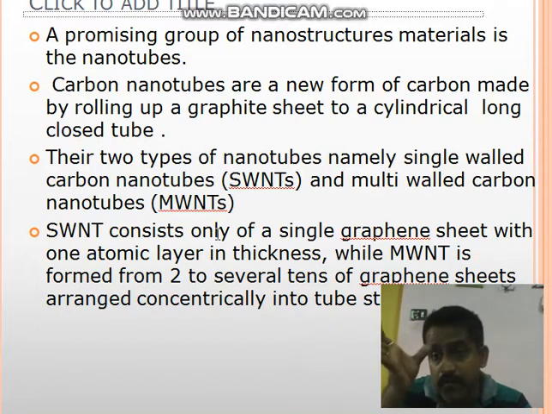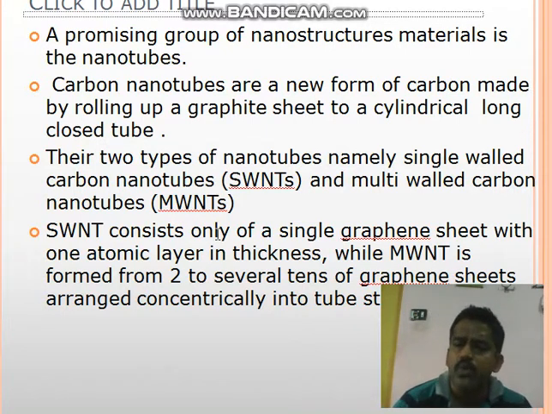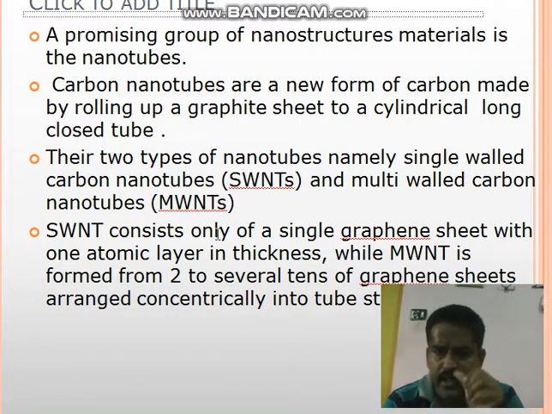Whereas a multi-walled nanotube is formed from two or more sheets, thin graphite sheets arranged concentrically into a tube structure.